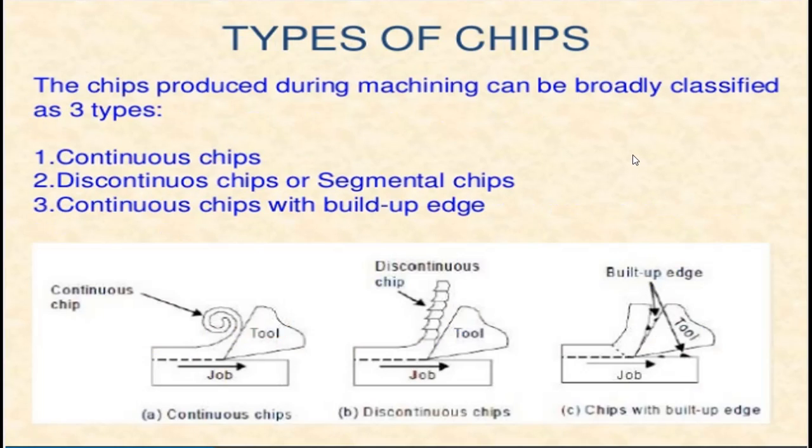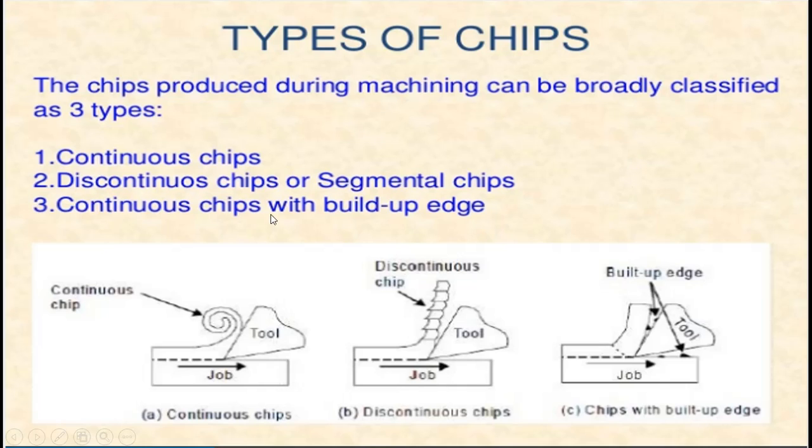Due to various cutting parameters, such as cutting speed and depth of cut, and tool condition, the chips formed can be of different types. These include continuous chips, discontinuous chips, also called segmental chips, and continuous chips with built up edges.